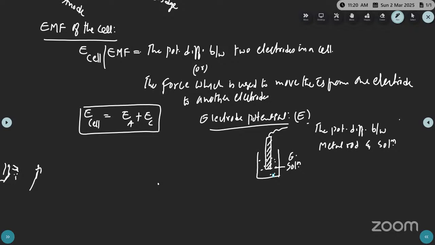Also every solution has some energy. The energy difference between this object and the solution is known as that potential. The potential difference between the metal rod and solution is known as electrode potential.